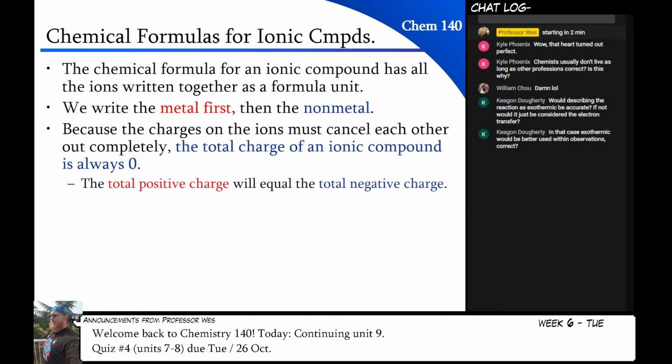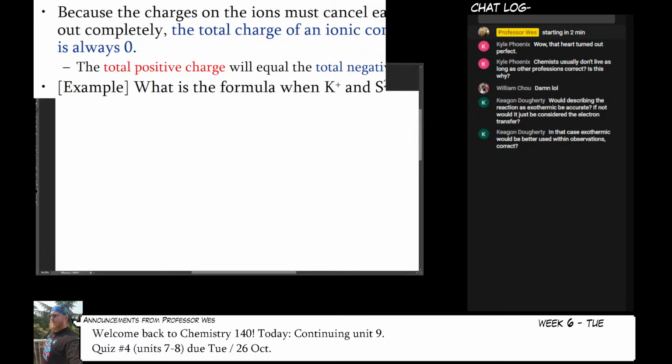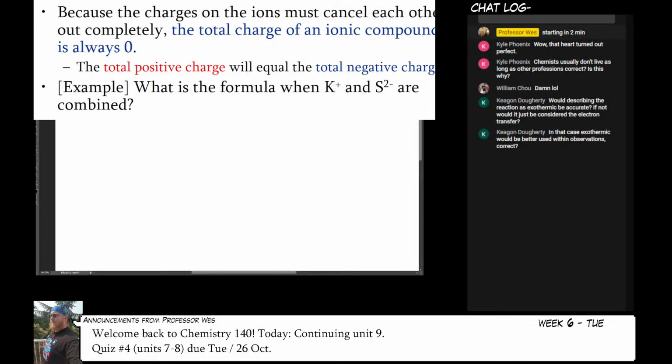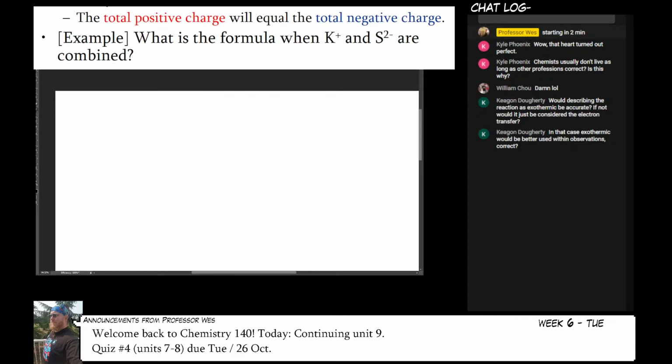So I'm going to come back to this comment here, metal first, then nonmetal. We've already talked about charge being 0, but we're going to look at these two ions here, K plus and S2 minus. So I'm going to say, hey, we've already made our ions.